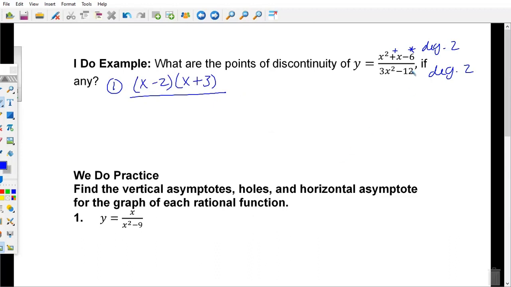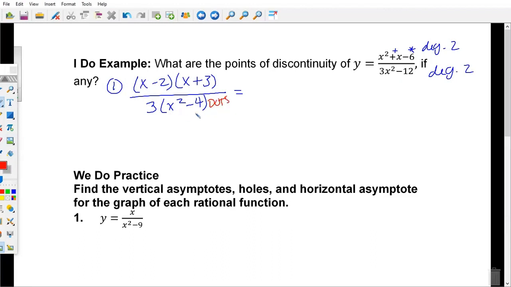In the denominator, this is greatest common factor. What is the greatest common factor here? 3. So I can factor out a 3, and I'm left with x squared minus 4. This is a special case.